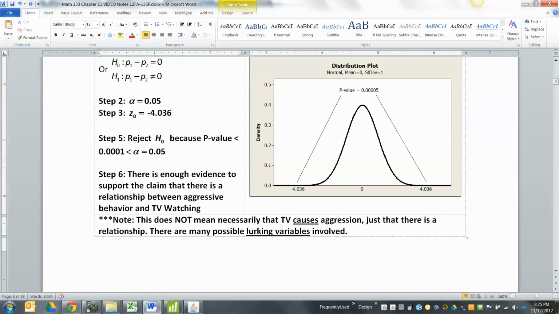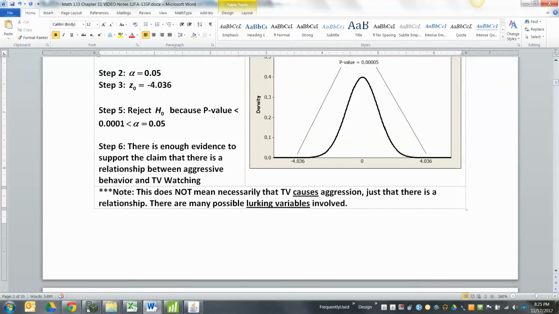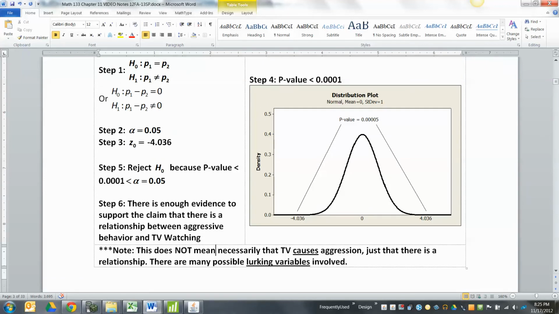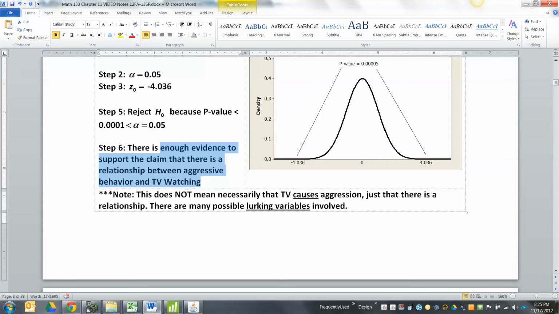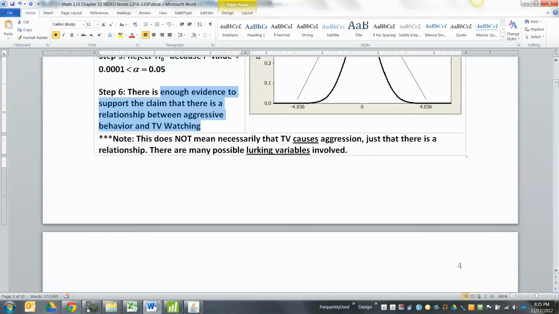Perhaps children that watch more TV when they're young are watching more TV because they have less parental involvement, and maybe that's a lurking variable. Remember, correlation is not causation. So just because we showed that there was a significant relationship, doesn't mean necessarily that the TV is the thing causing the aggression.